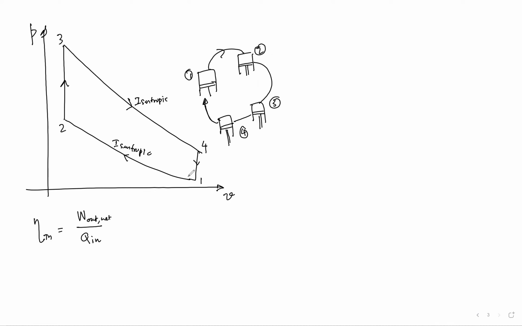In the first process, it's a compression process. That means 1 to 2 is work addition, work in. And 2 to 3 is a heat in process, Q in. Right? And then 3 to 4 is work out. And 4 to 1 is a heat out, right?